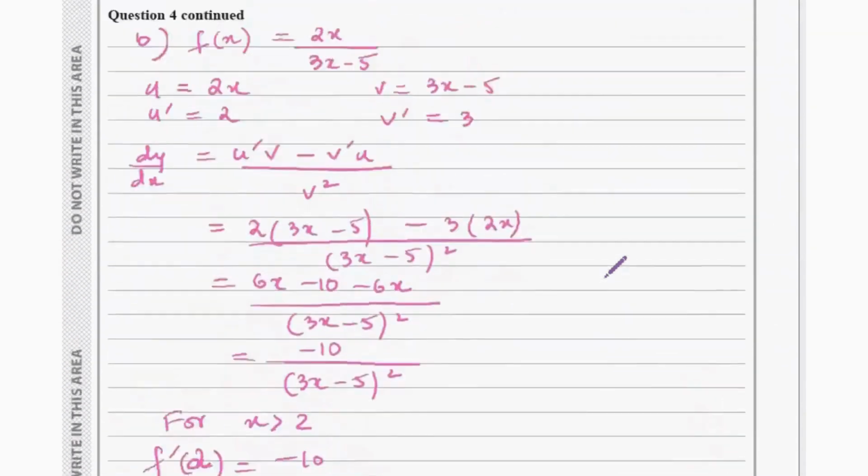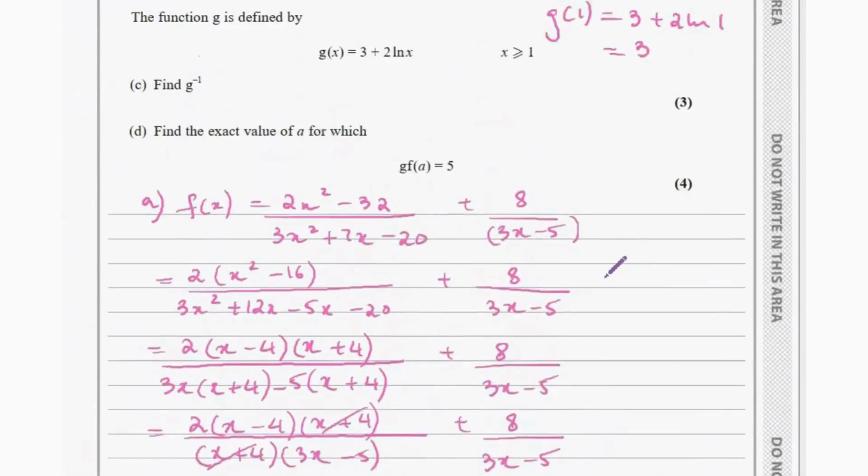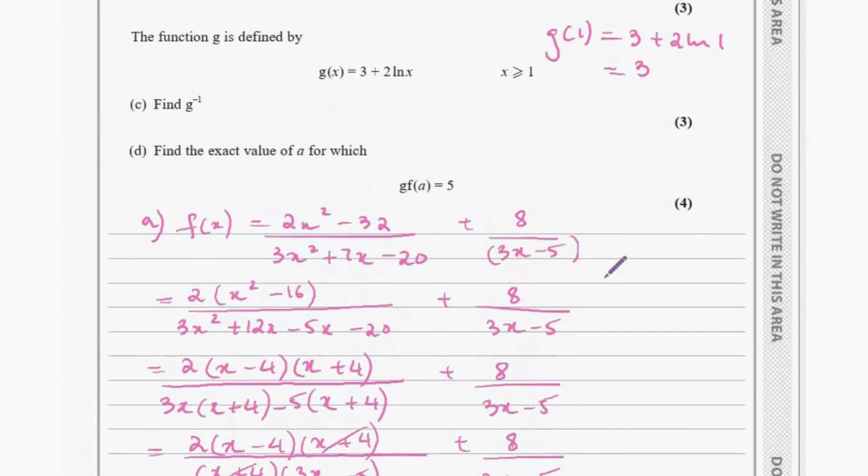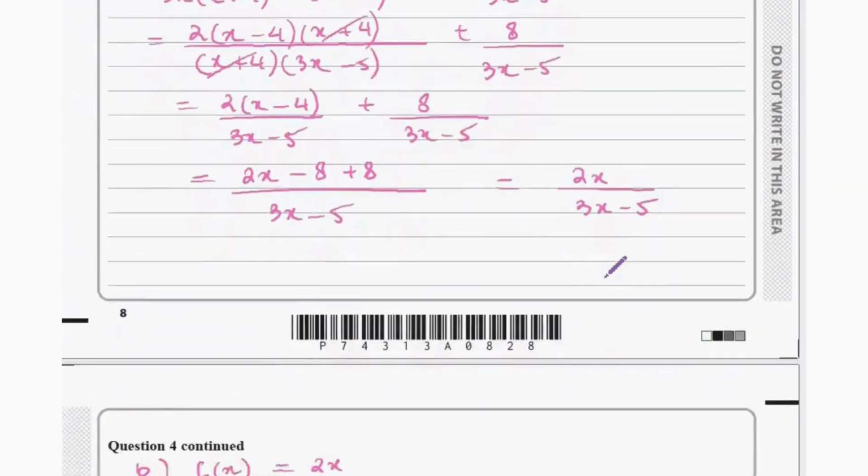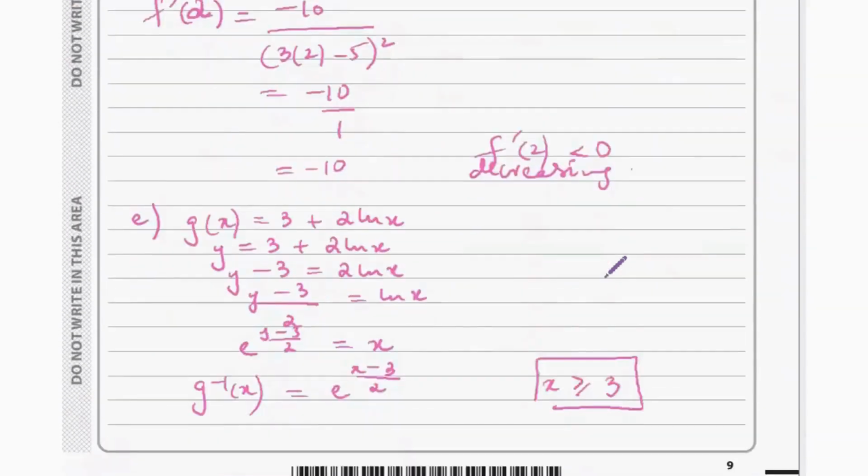After this, we had to find the composite function g of f of a equals 5 and find the value of a. Let's find f of a first.